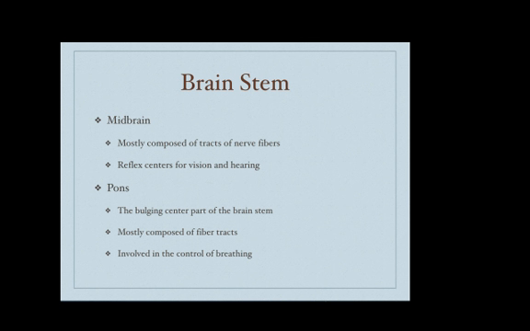The pons is the bulging part of the brainstem, and this is important in breathing. Again, a lot of fiber tract, so we're just seeing a lot of information passing in and out of the brain through this structure.